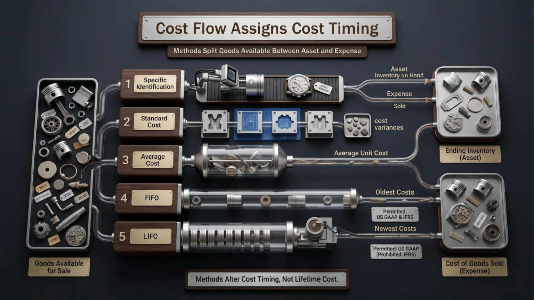First in, first out sends the oldest cost to cost of goods sold first and leaves recent cost in ending inventory. Last in, first out sends the newest cost to cost of goods sold first, is permitted under US GAAP, creates reserve issues in rising price environments, and is prohibited under IFRS. The method changes timing, not total lifetime cost.